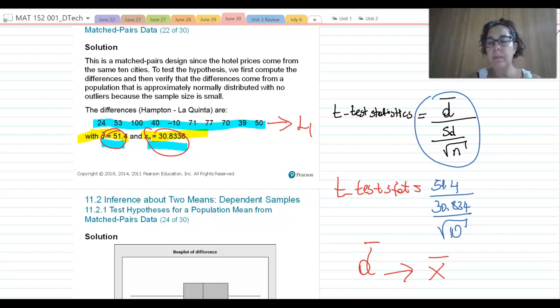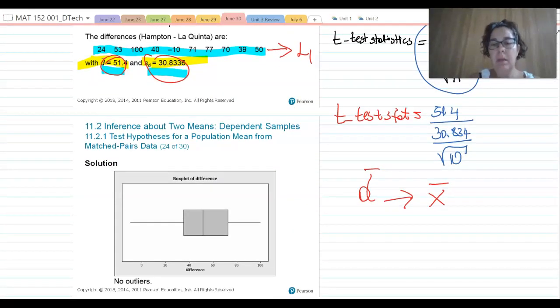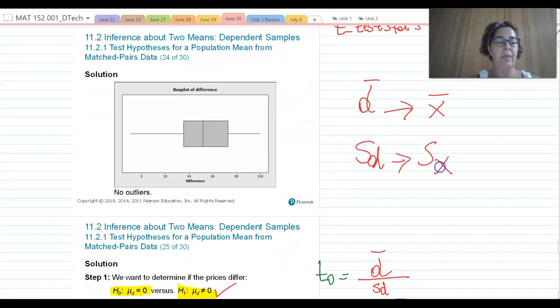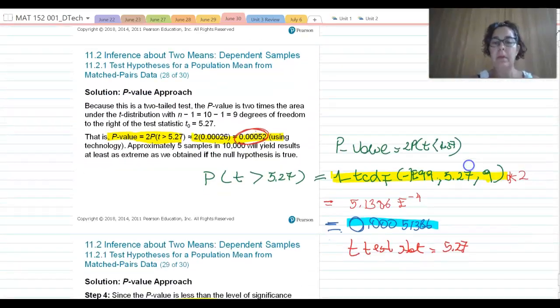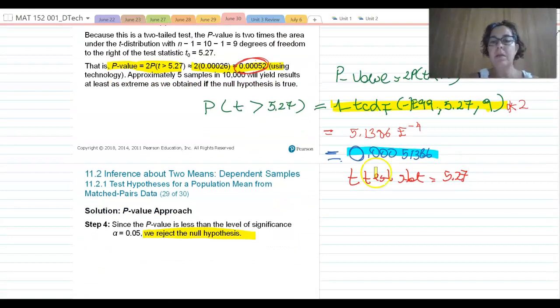S sub X will be S sub D, which is 30.8336. Our N is 10, and what we're looking for is mu not equal to mu sub 0. Hit that and calculate. Okay, now it's exactly the same t-test statistic and same p-value that we found here.